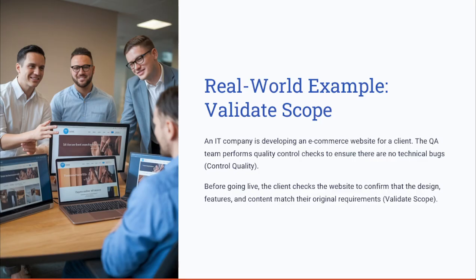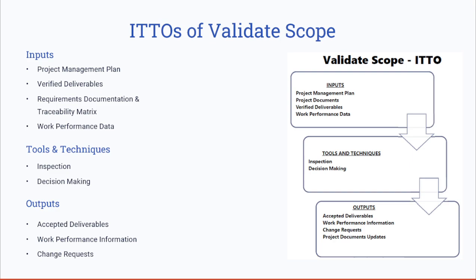Now let's move to the next slide, where we have the ITTOs involved when validating the scope. The key inputs here are the project management plan, including the scope and requirements management plan that guides the validation process.